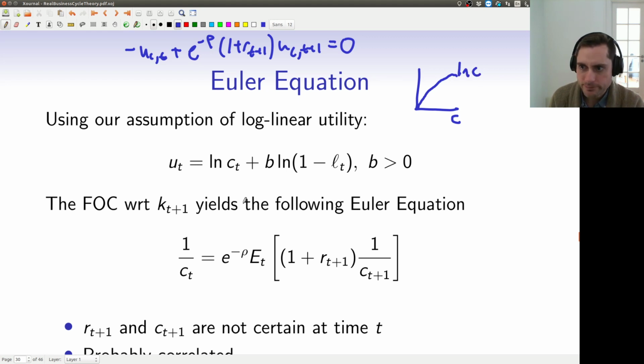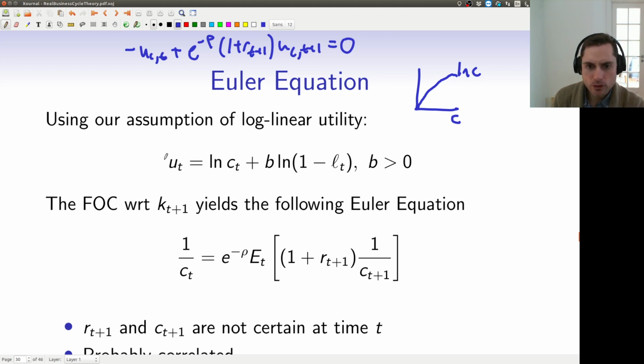Okay. So we're going to have the log of that. We're going to have the log of leisure, the same thing. And then we have this parameter B, which is going to govern the weight that people give to leisure versus consumption. If B is less than 1, then people prefer, well, it depends on the units, I guess, but people prefer consumption to leisure. If B is greater than 1, they prefer leisure to consumption. I guess what's important is that the higher B is, the more people care about leisure relative to consumption. Okay.